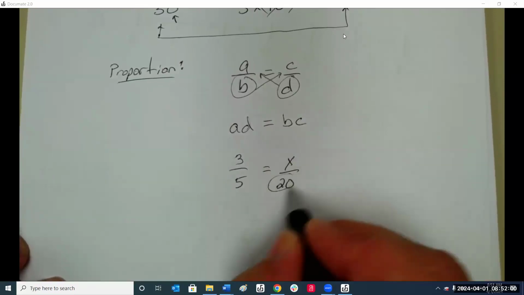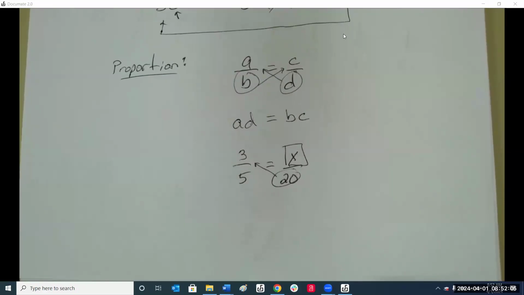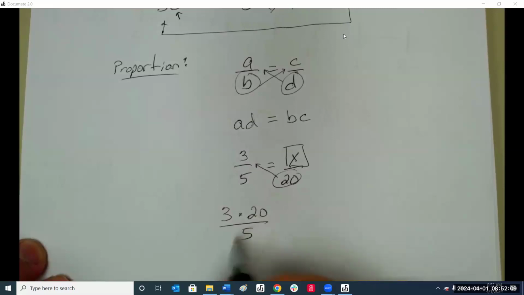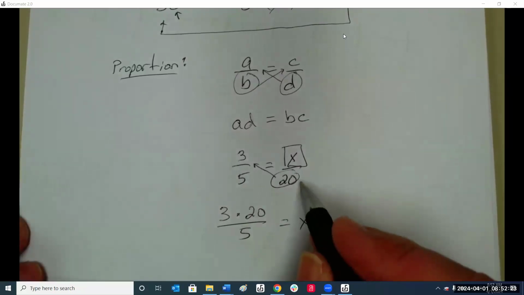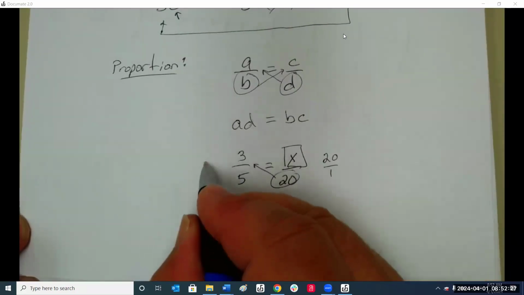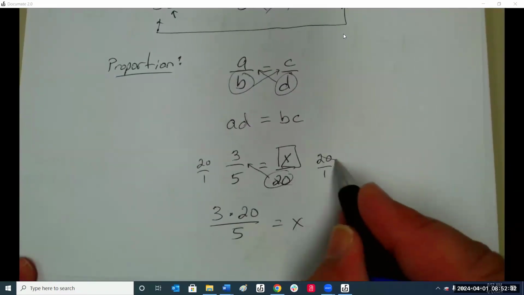Yeah, so take 3 times 20. Since we're solving for x, leave it alone. So we have 3 times 20 over 5 equals x. Remember, whenever you're multiplying fractions, before you multiply them, you reduce. Because what you really did is this: you multiplied both sides by 20 over 1, because that gets rid of this one.